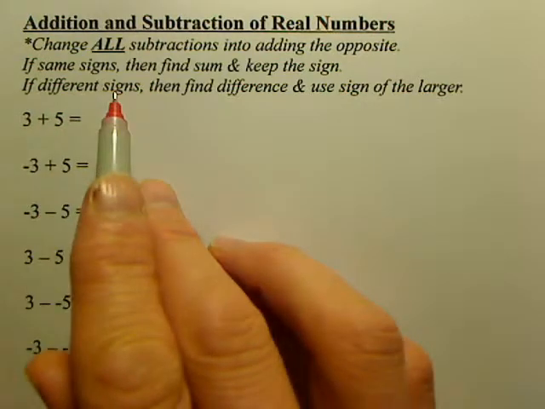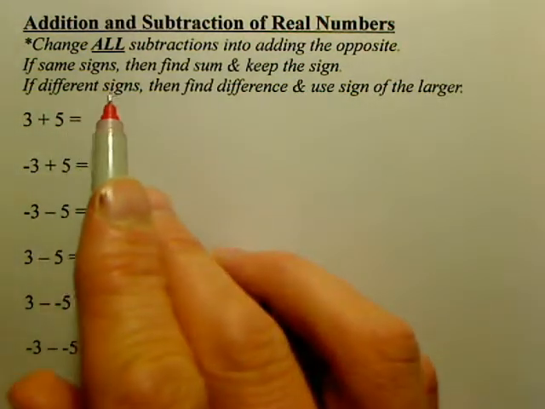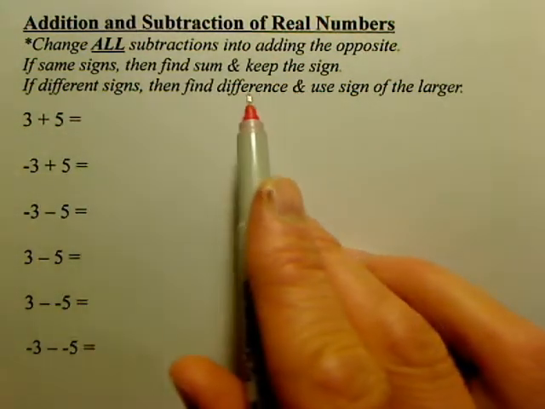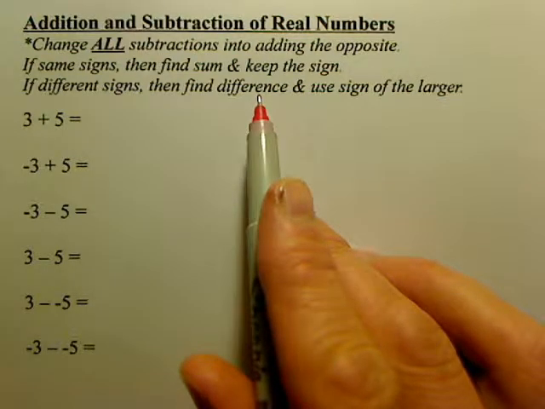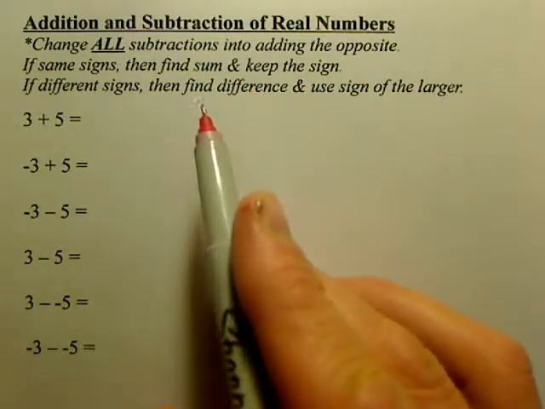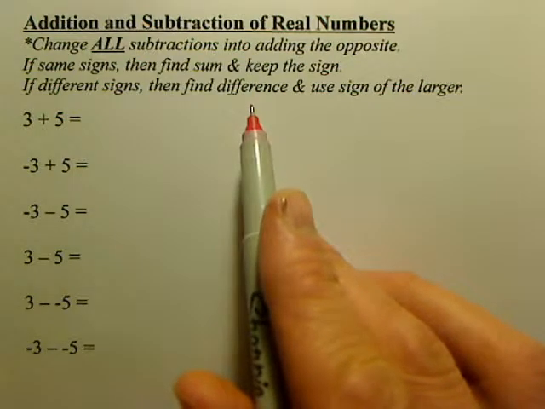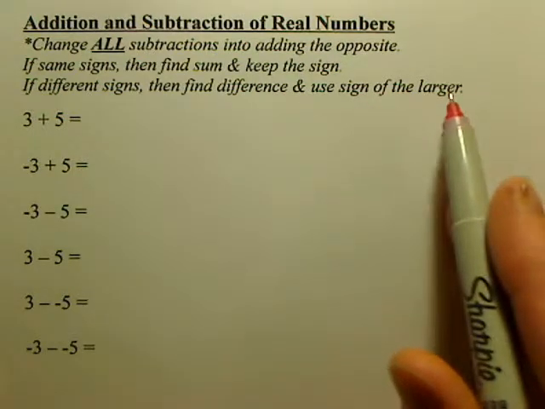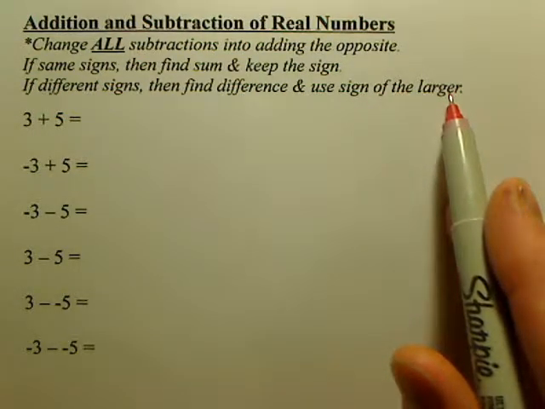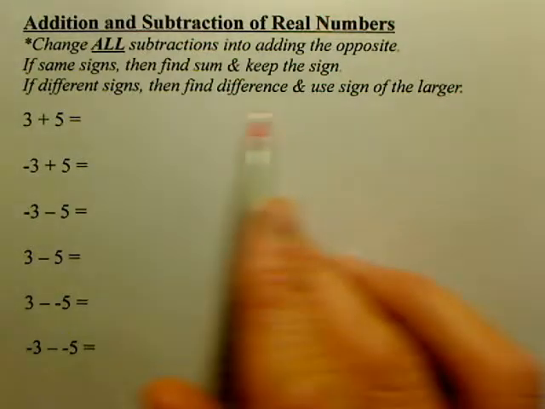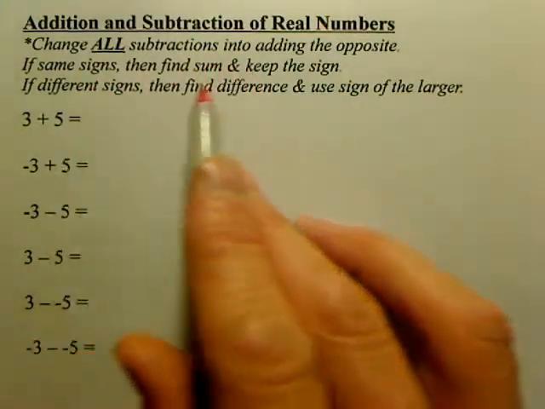If they're different signs, meaning one positive, one negative, or vice versa, then you find the difference, means subtract the two, the spread between them, and use the sign of the larger of the two.